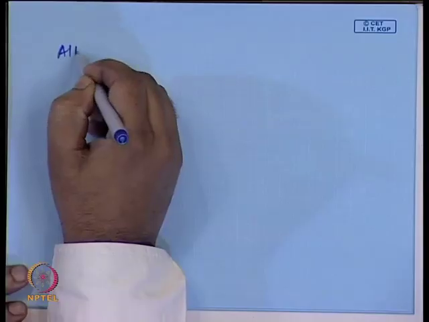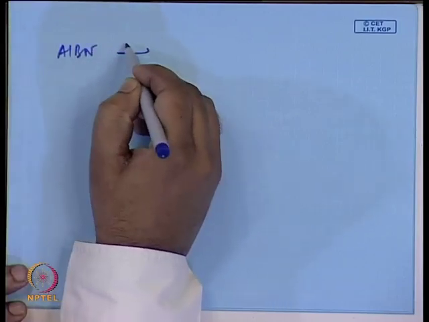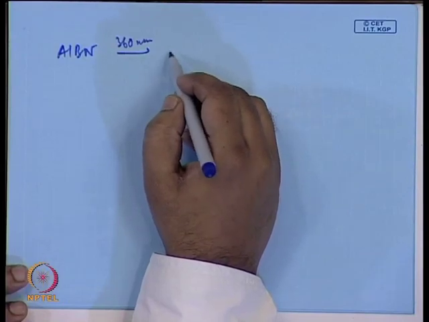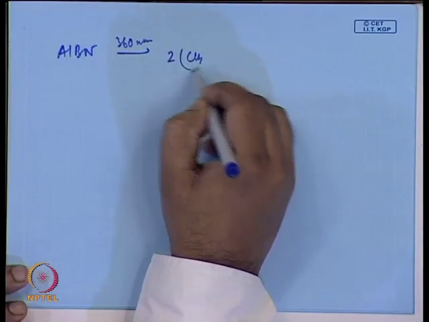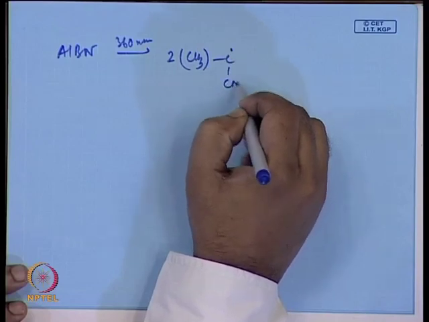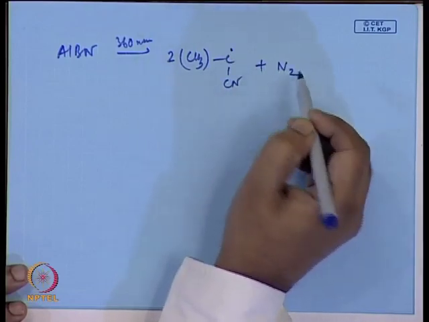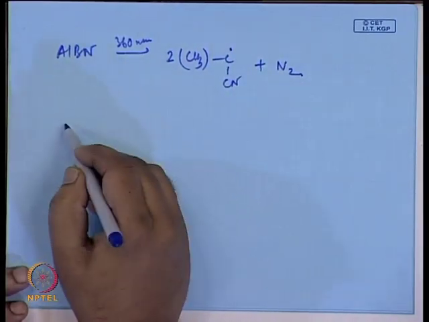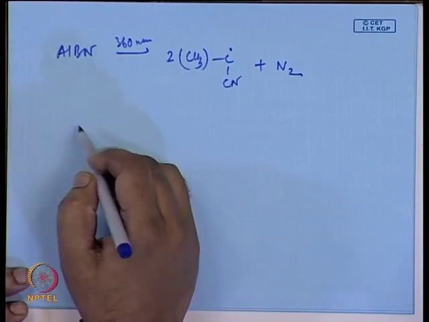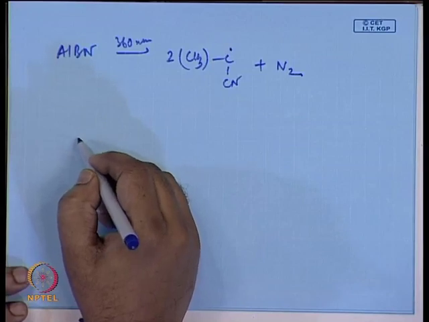Simple AIBN type molecules also can absorb photons and break into two radicals, and most commercially used radical initiators are like benzoins.